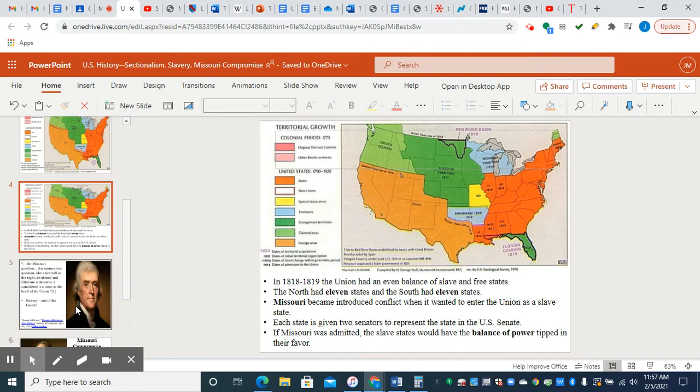Now, this was a crisis, and I use that word sparingly, but this was a true crisis during this time, that it was seen that this might split the United States.